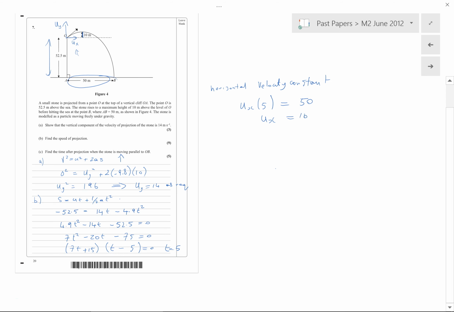Now there are 9 marks, so it wants the final speed of projection. Of course we've got the 14 going upwards and the 10 across.